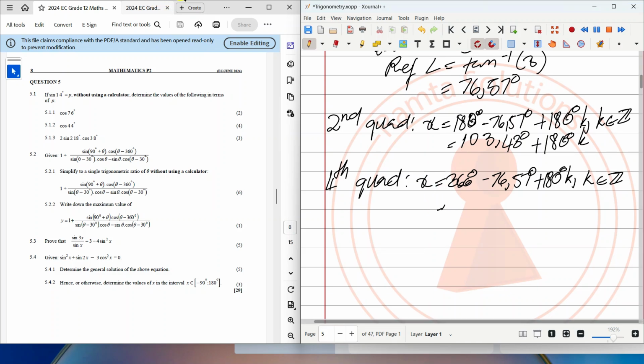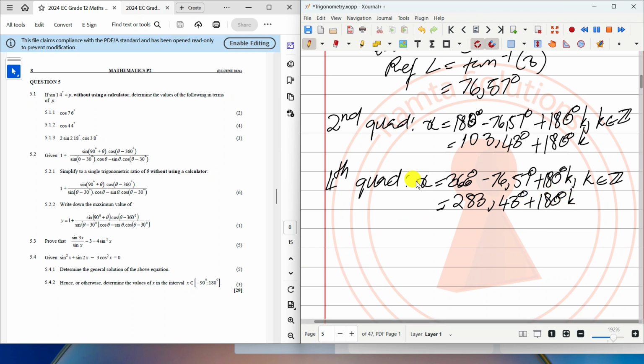Now 360 minus 76.57, the calculator returns 283.43 degrees plus 180 degrees k.